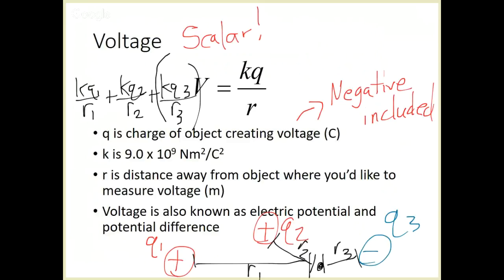I probably should have put something on here about what voltage actually is. Voltage is measured in volts, but it's also the amount of energy per coulomb of charge in a certain region of space. So a volt is equal to 1 joule per 1 coulomb. So if I find that in a region of space, I've got 5 volts, that means that for every coulomb of charge I stick up in that spot, that object will have 5 joules of energy.